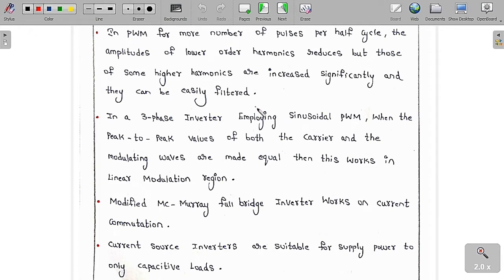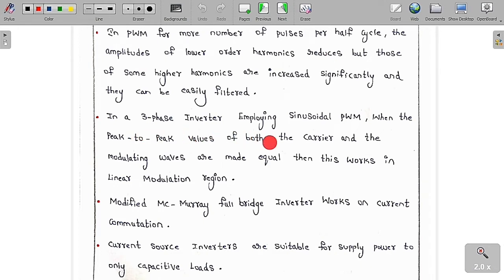So in PWM, for more number of pulses per half cycle, the amplitude of the lower order harmonics reduces, but those of some higher order harmonics increase significantly, and we can easily filter them.